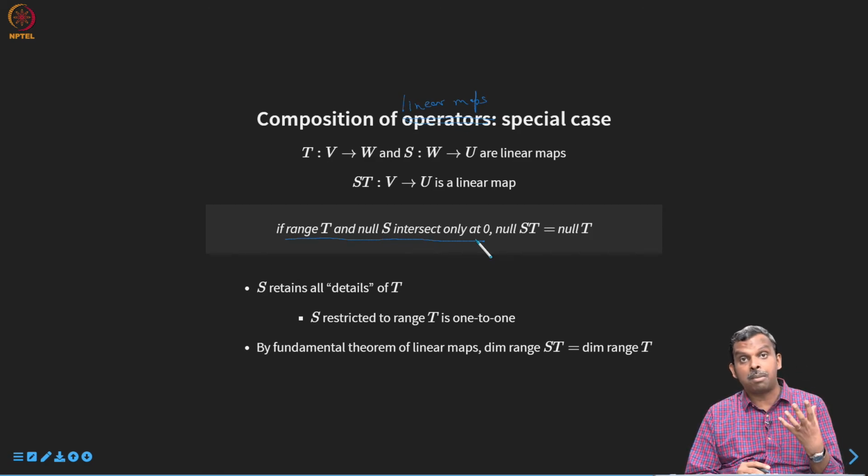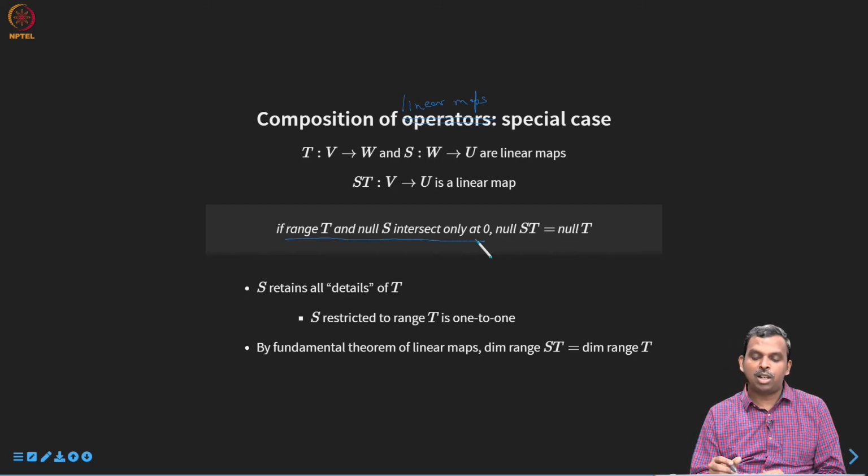S could be a linear map whose null space intersects trivially with the range of T. In that case you also have the same effect as the invertible operator, except that it is only specific to this particular T. So if you pick your T and S carefully to match, not mismatch in the range and null, you can almost have that invertibility effect with ST. That is the idea here.